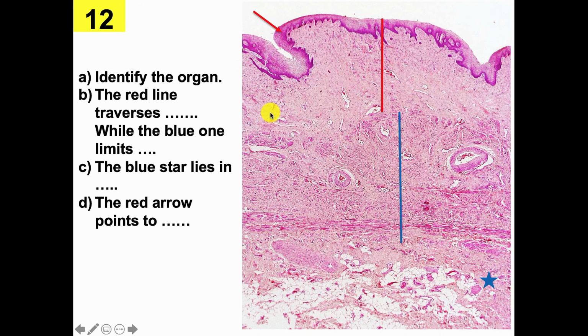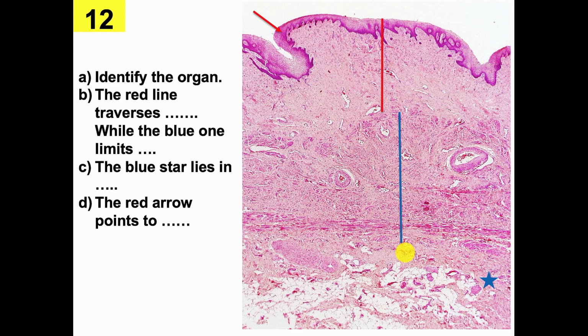Number 12, identify the organ. We have here a hollow organ. We have a lining very characteristic, stratified squamous non-keratinized, so this is the vagina. The red line traverses the mucosa here from the epithelium to the start of the muscle. This is the mucosa, and this is the musculosa, inner circular and outer longitudinal.